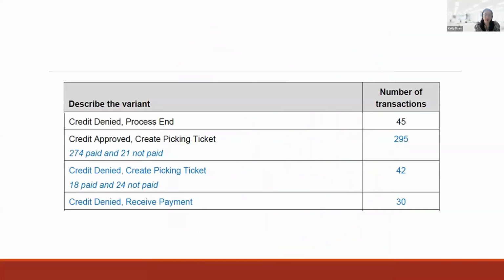So in this case, process mining tools summarize all the different variants that are identified with the number of transactions. The user can determine which variants are acceptable and which are not. So in our example here, clearly the first two variants are acceptable, but the last two are not according to the company's rules.